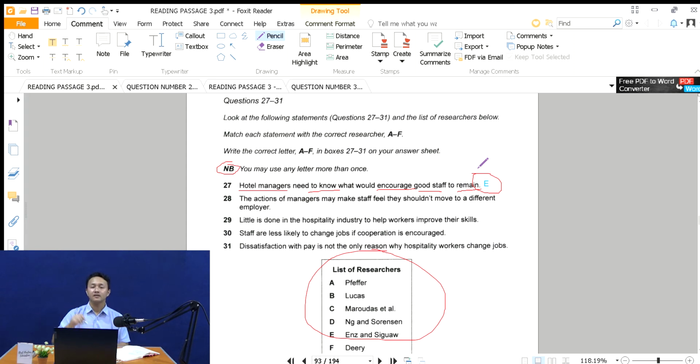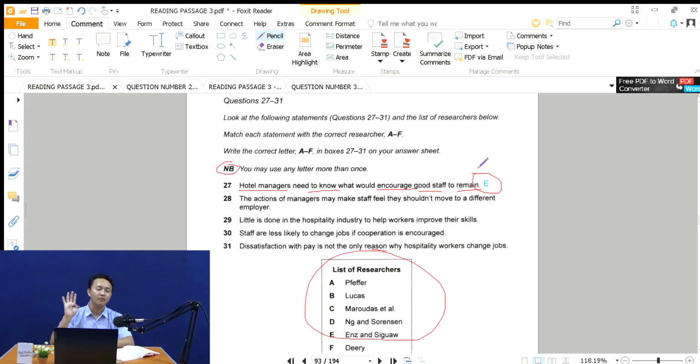Step number 3, after you have found and highlighted the options, the researchers in the text, is to read the questions and understand, okay, this is the information that I need to find. Focus on them, because you only need to find 5 pieces of information in this one.